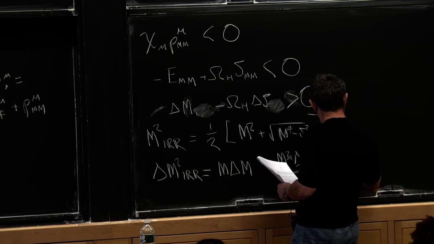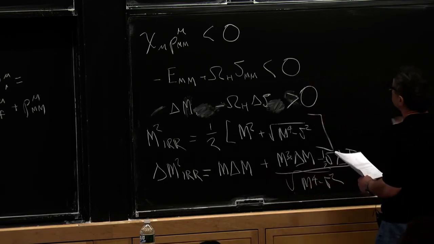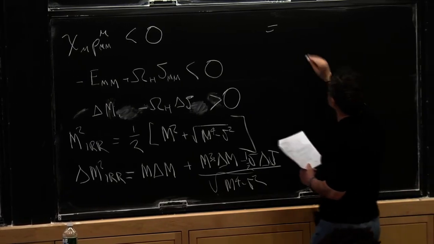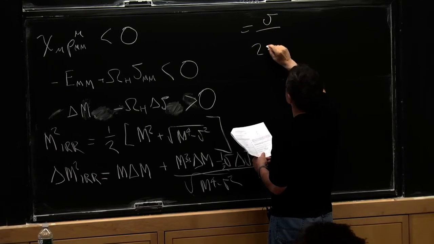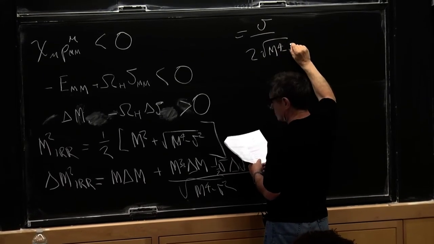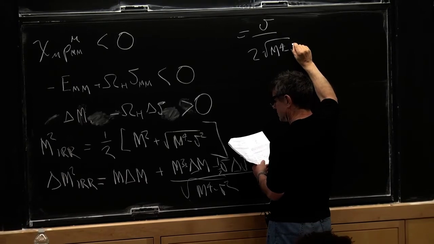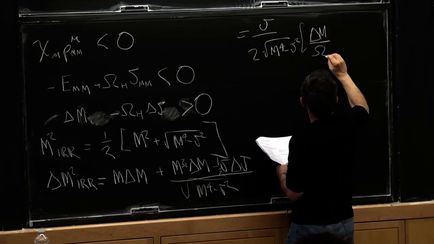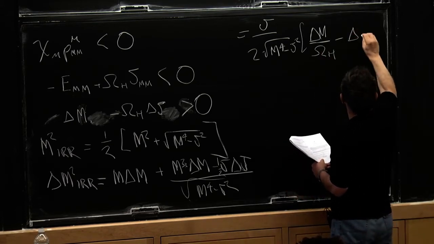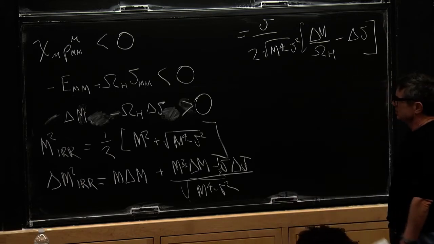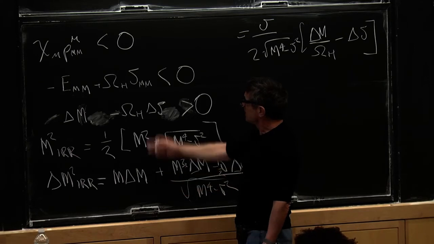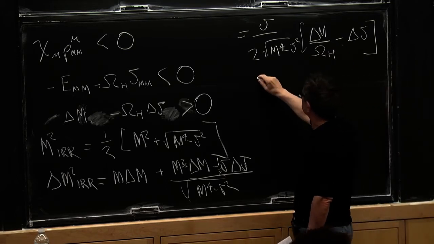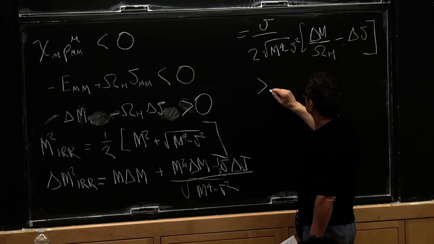There's a half J delta J, which we can write as, if we factor some things out, J over 2 square root M to the 4th minus J squared, times delta M over omega horizon minus delta J. Okay, so you pull this out of a hat, you compute its variation under this process, you find it's proportional to this, and that is therefore greater than or equal to 0.